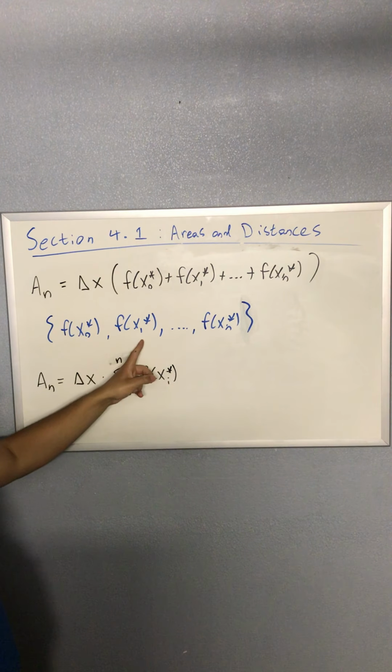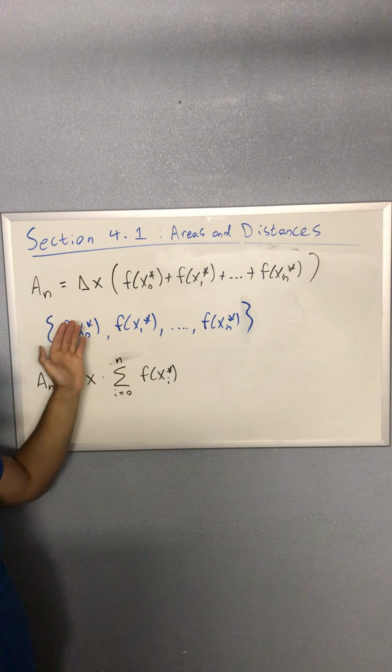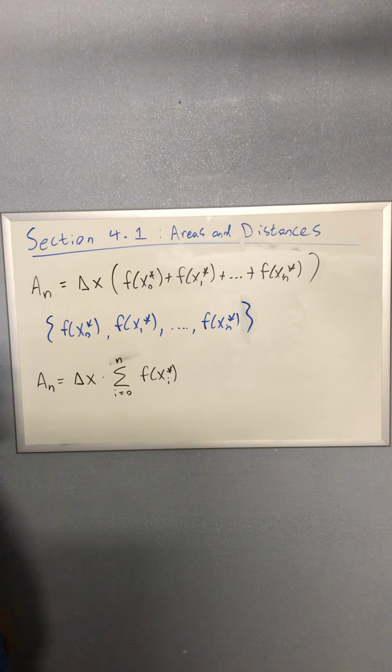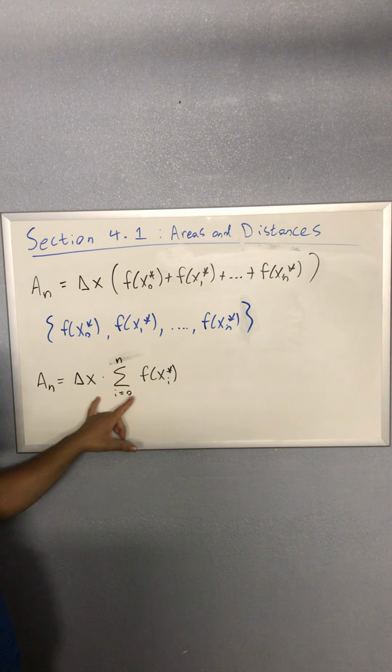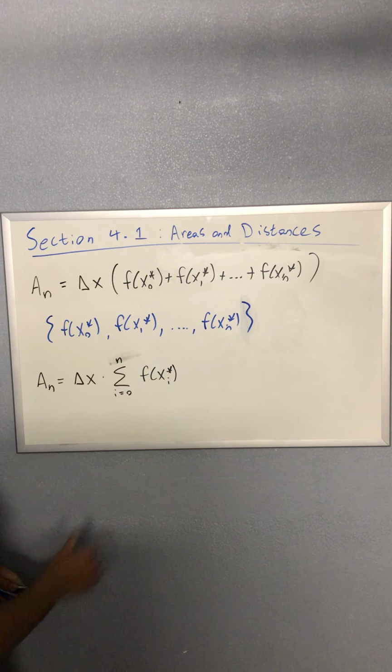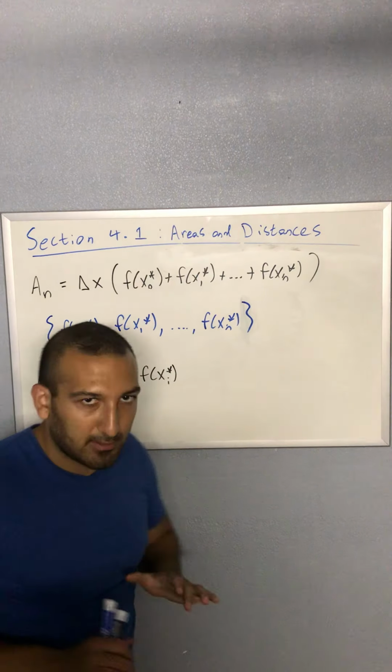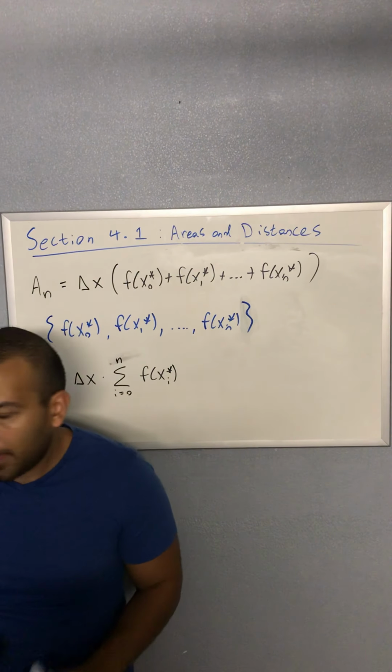When i is 1, we get that. When i is 2, we get this, and then all the way up to n. So these two are equal. And you can see this is a much nicer way of writing all of this. It's much more compact. So this is what we're going to start using instead. And we'll see that this has a big advantage as well.